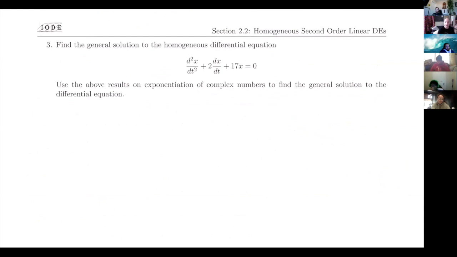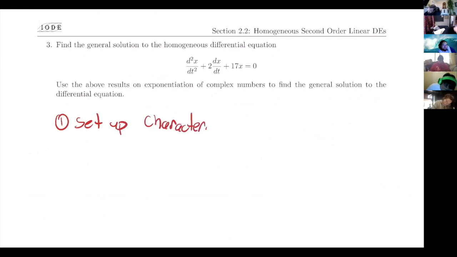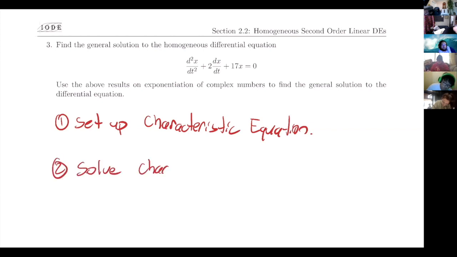So if I'm trying to solve a problem like the one in number 3, obviously initially you don't know whether the roots are real, repeated, complex, or whatever. So kind of always the first step here is going to be set up the characteristic polynomial. Then we solve it.